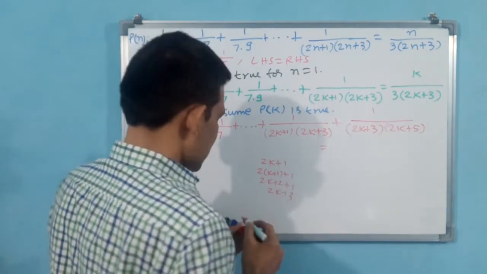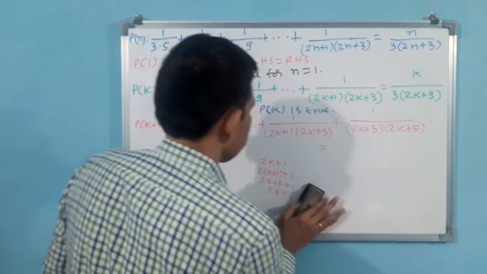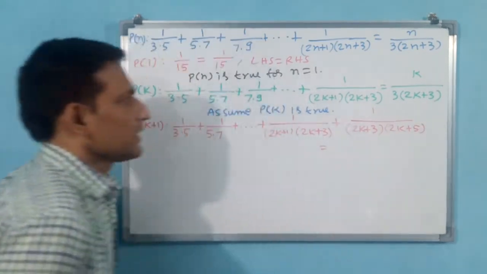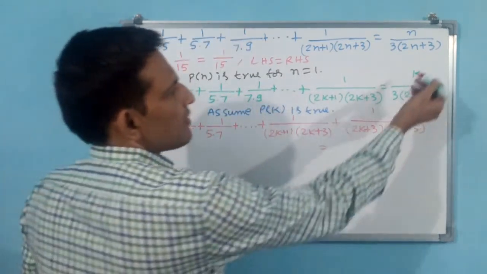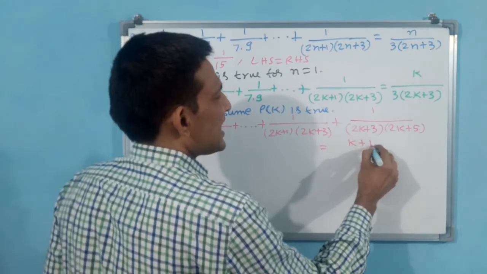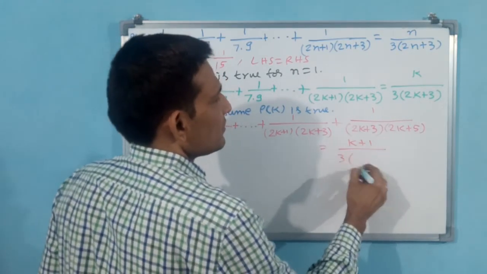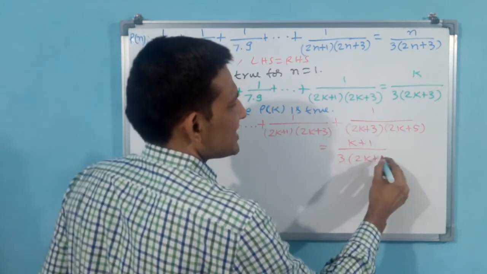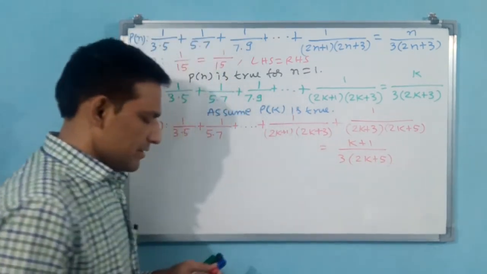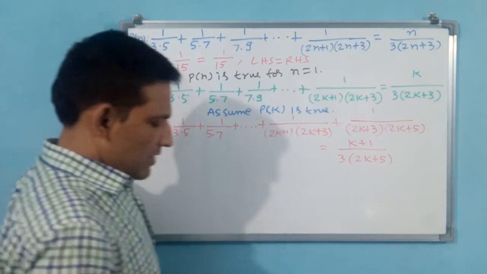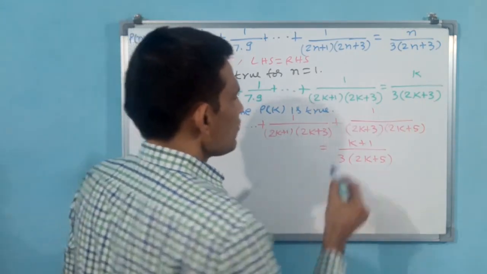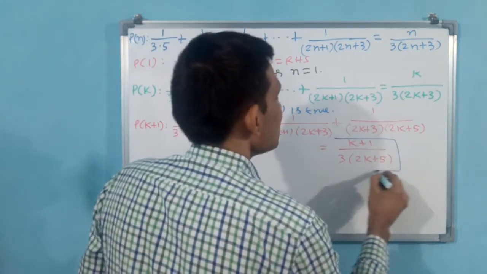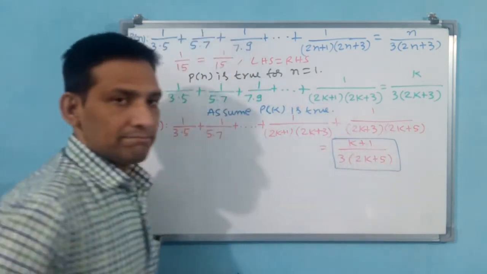This is LHS. RHS you have to write. See, RHS you can write. Why? Because k means k plus 1 by 3 into 2k plus 3. Here what we have written? 2k plus 5. Is it okay? Now what you have to do? This RHS you box it. Why? Because this is going to guide us.